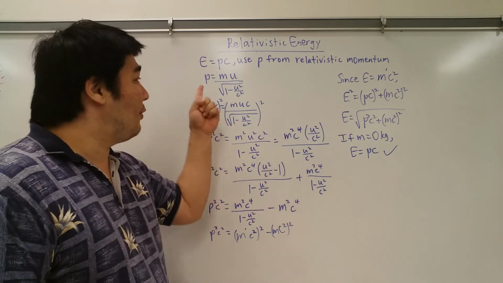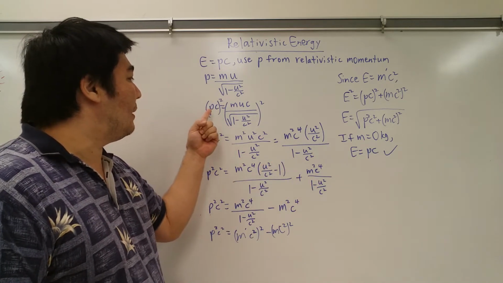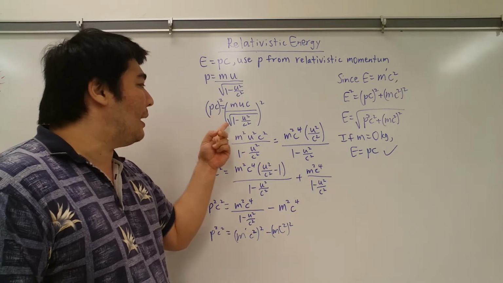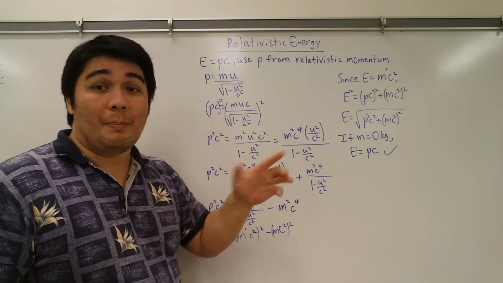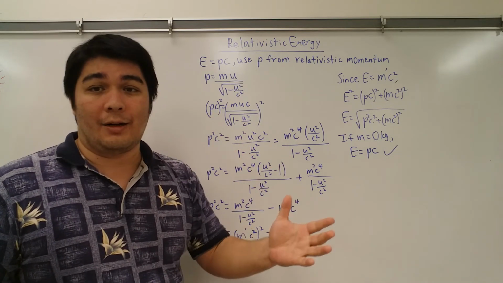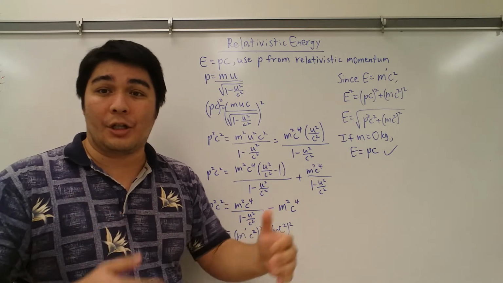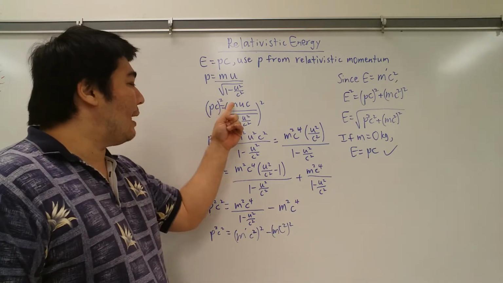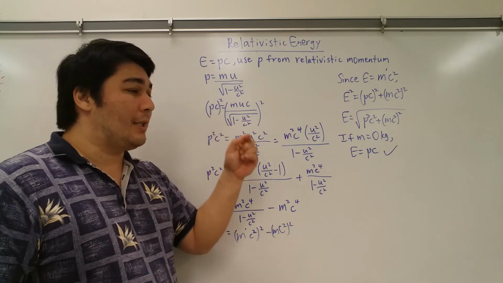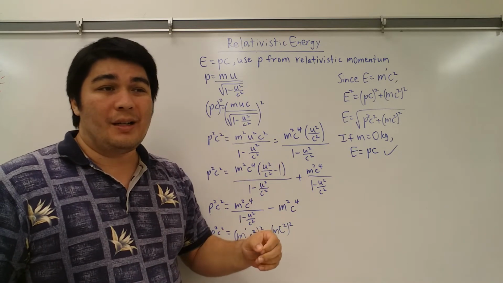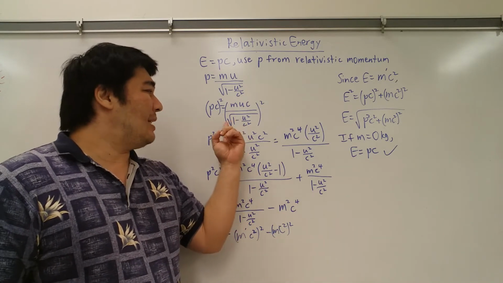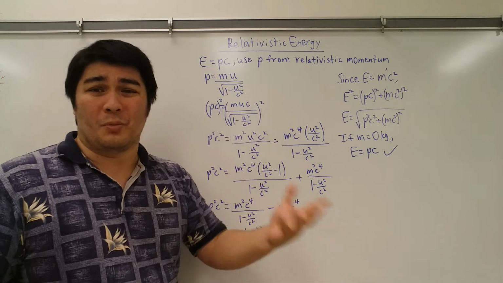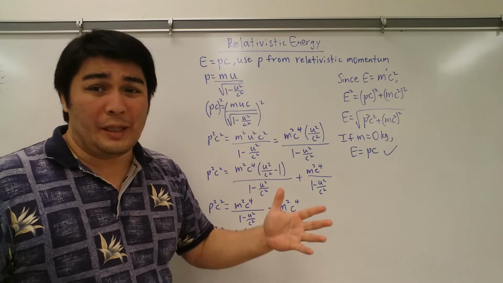So what I'm going to do is plug this in. I'm going to multiply both sides of the equation by c to get the energy term. So I've got pc equals muc over the square root of 1 minus u squared over c squared. But as you can see, I've already got this square root in here, and I don't really want the square root.